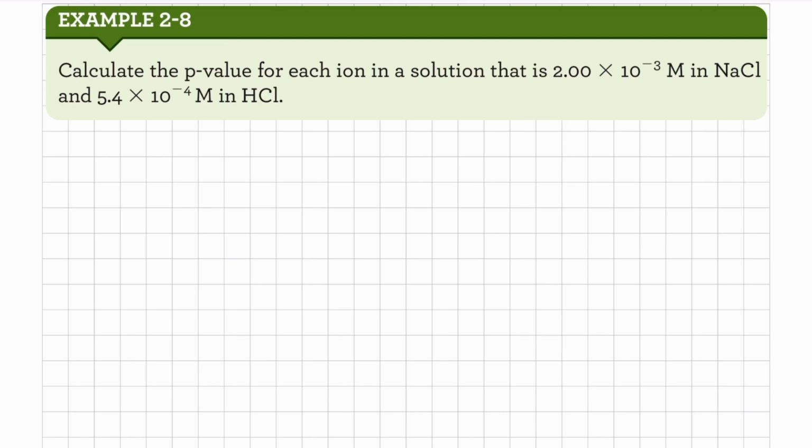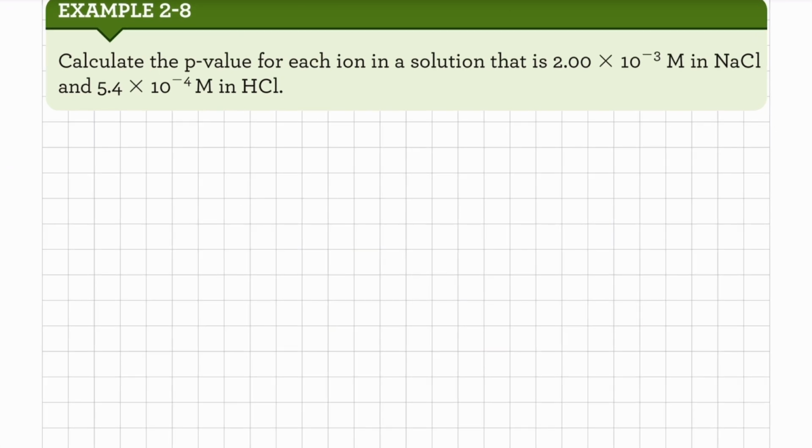Okay, it says calculate the p-value for each ion in a solution that is 2 times 10 to the power of minus 3 molar in NaCl and 5.4 times 10 to the power of minus 4 molar in HCl. To start solving this problem, I highly recommend that you start from the concentration of hydronium ion and sodium ion. You may ask why. Let me explain. Look at the hydronium ion.